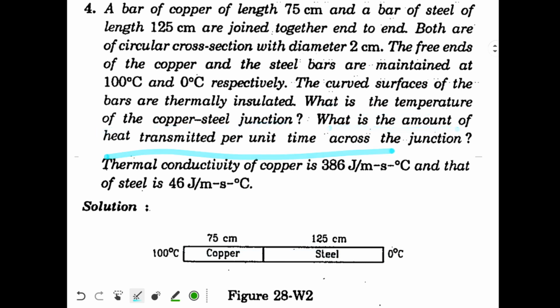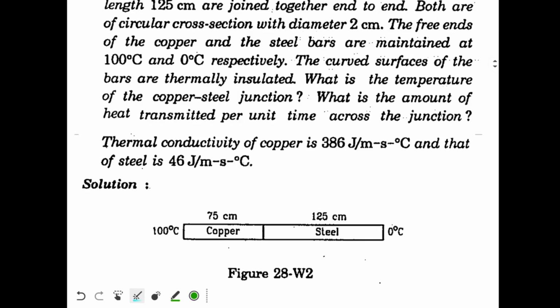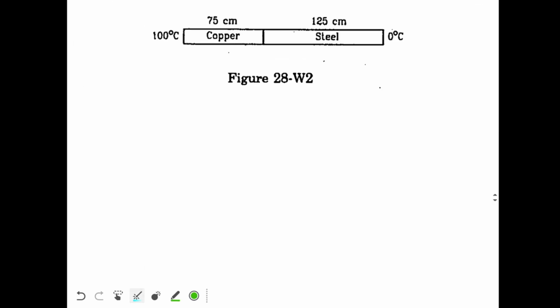Okay, so it's very easy. See, for heat transfer, for thermal conduction, you can use the concept of thermal resistance. It is exactly the same as electrical resistance. So we can find the resistance of copper.